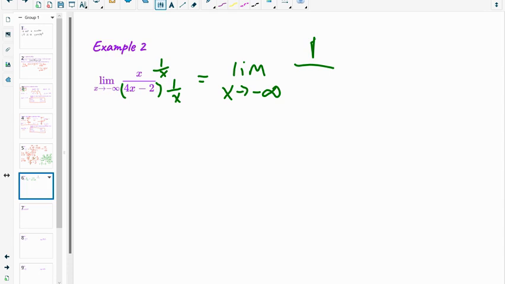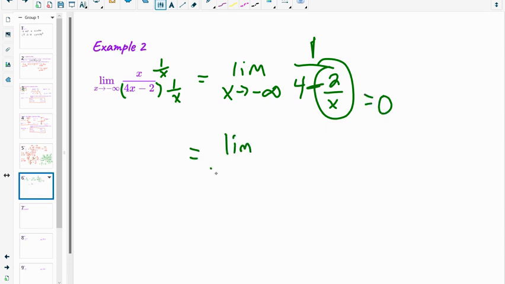And then 4x over x, that's just equal to 4, minus 2 over x. Now this limit right here will go to 0. And so we get the limit as x approaches negative infinity of 1 over 4, which is just 1 over 4.